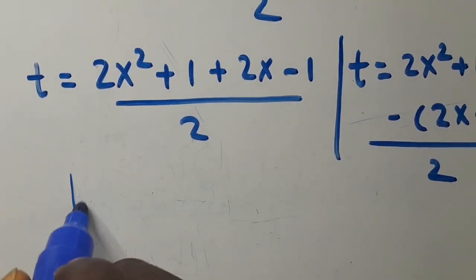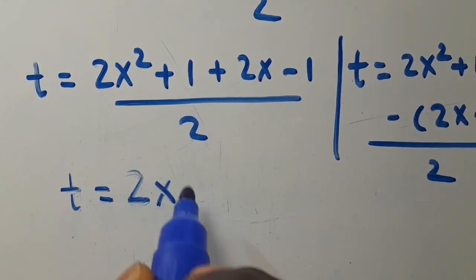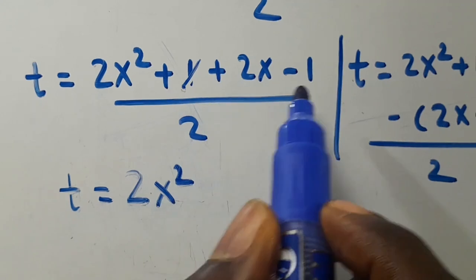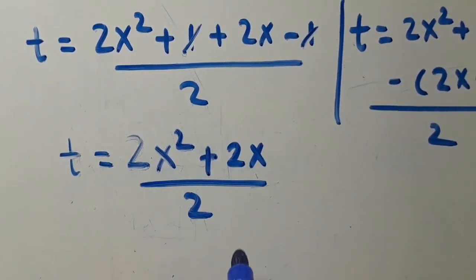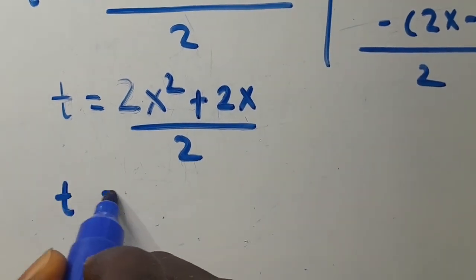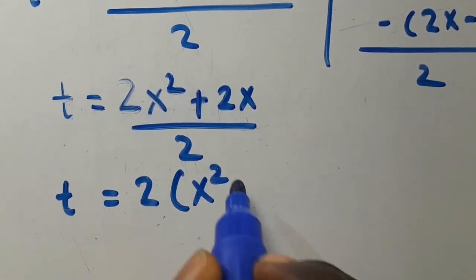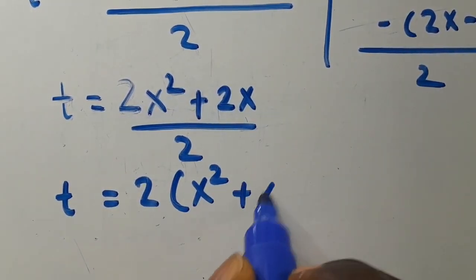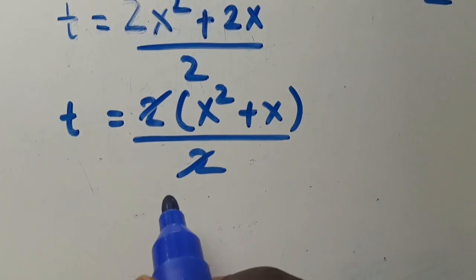So from here we have t equals 2x squared, this and this will cancel, plus 2x divided by 2. We have 2 common here, we have 2 into this, divided by 2, we have only x squared left. This divided by 2, we have only x divided by 2. So this will cancel this.